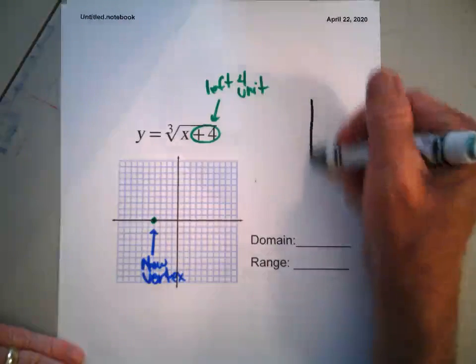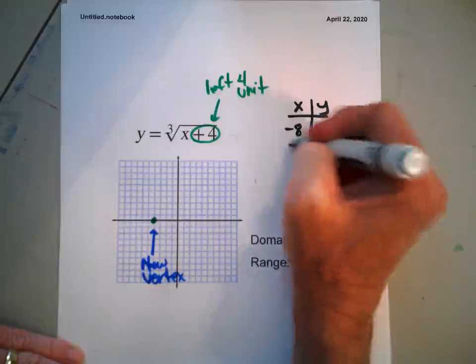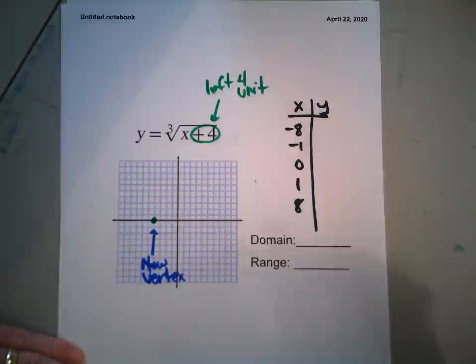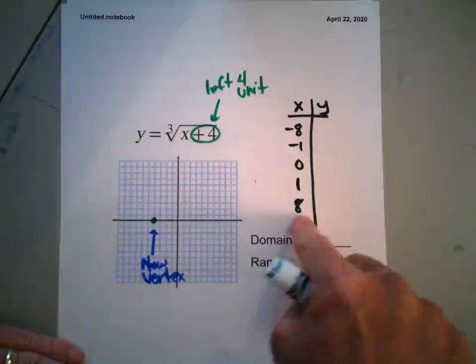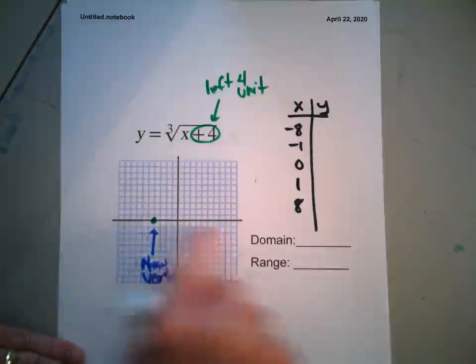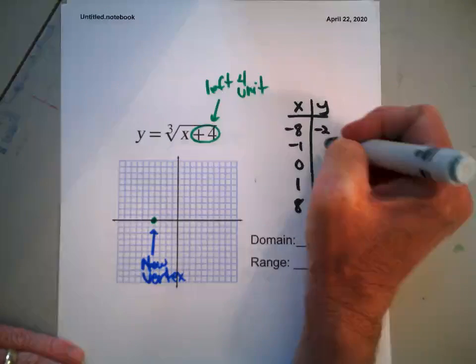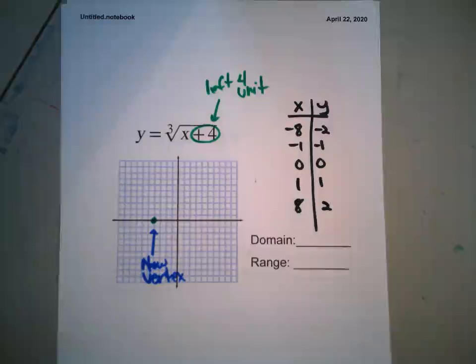We'll put a little t-chart in here. Those are the perfect cubes that actually fit on the graph. The next perfect cube is a 27, so there's no way we'll ever graph a 27 on here. Cube roots of these are -2, -1, 0, 1, and 2.